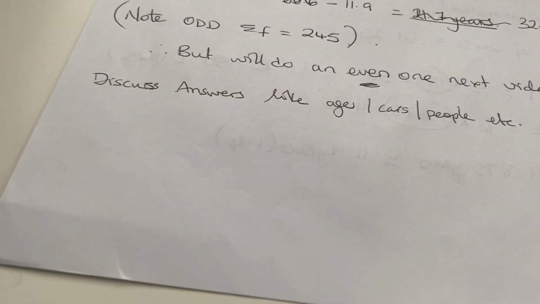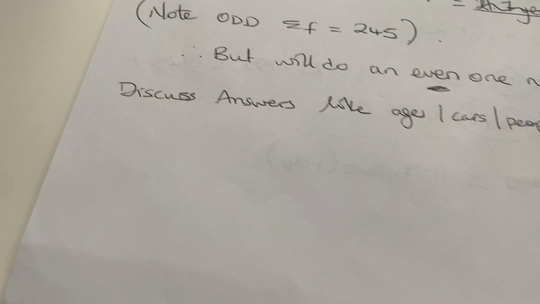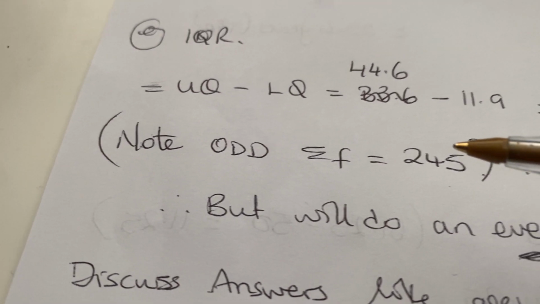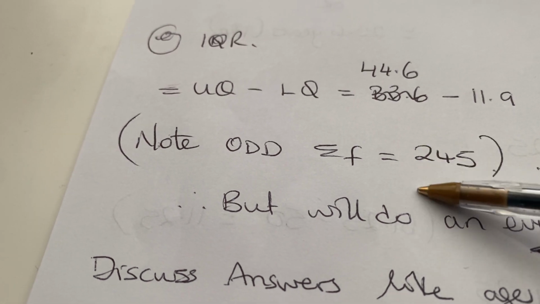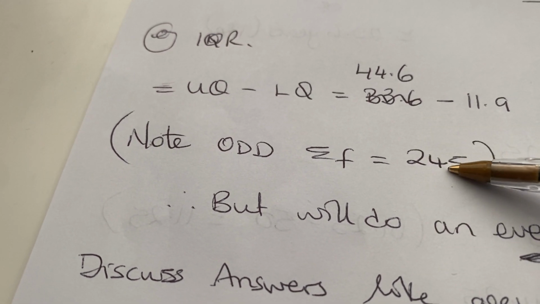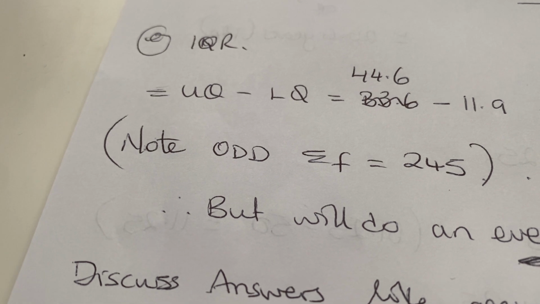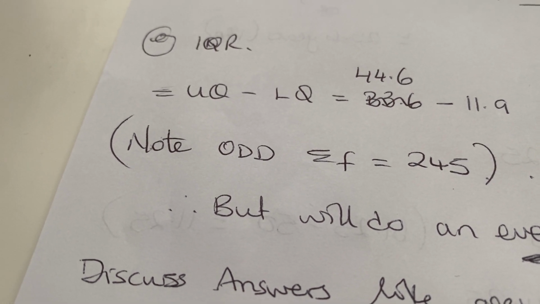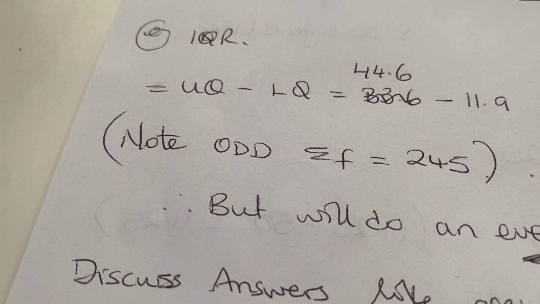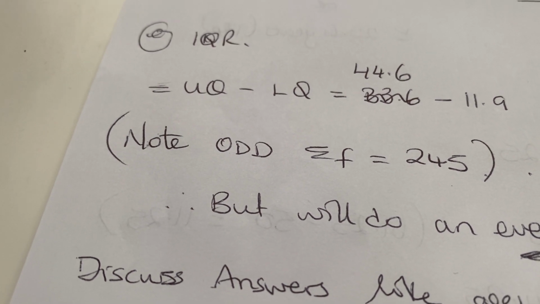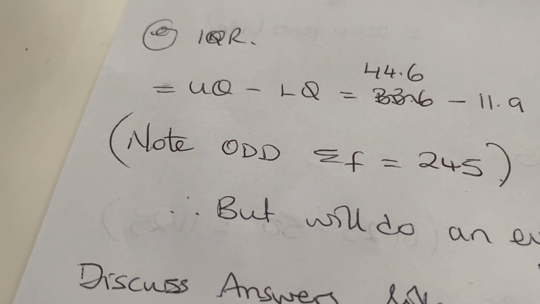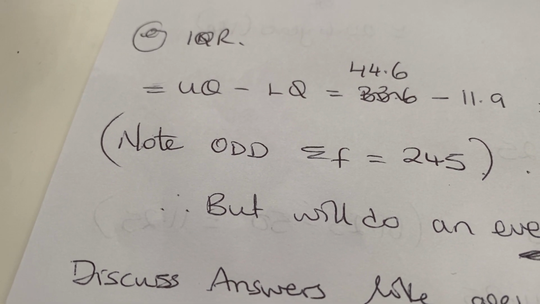So now, that is what you have done. As I said before, the summation of the frequency is 245, and we are approximating to 1 decimal place.